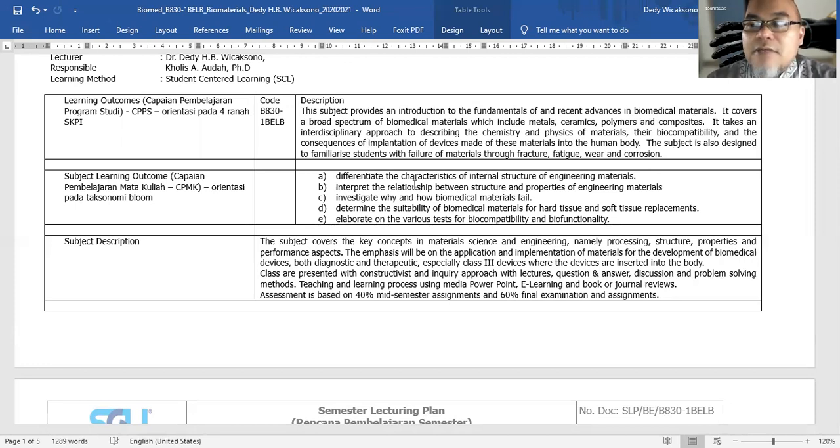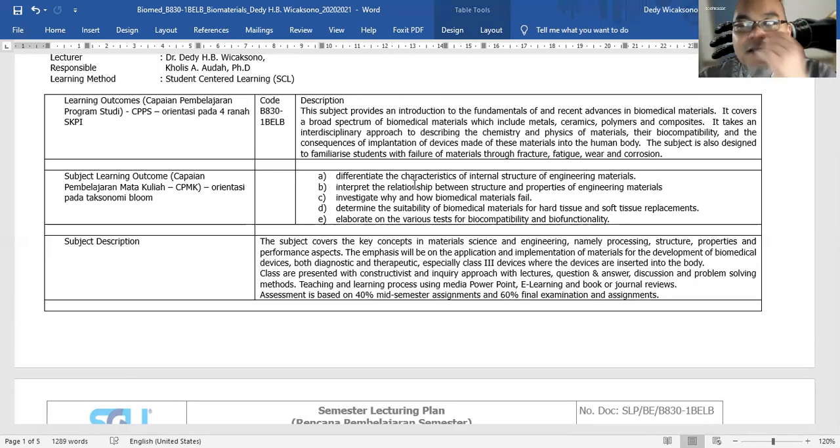The emphasis will be on the application and implementation of these materials for the development of biomedical devices, either for diagnostic or therapeutic purposes, especially class 3 devices. Class 3 devices are biomedical devices that are implanted inside the body, so they interact closely with the human tissue.